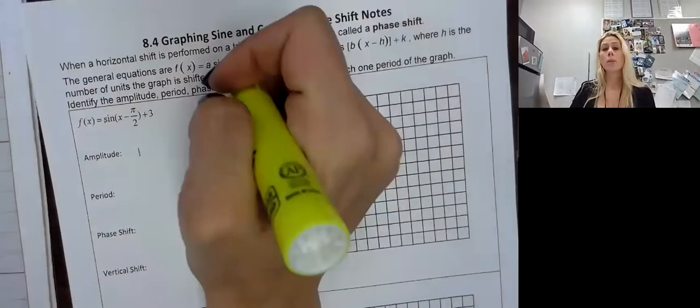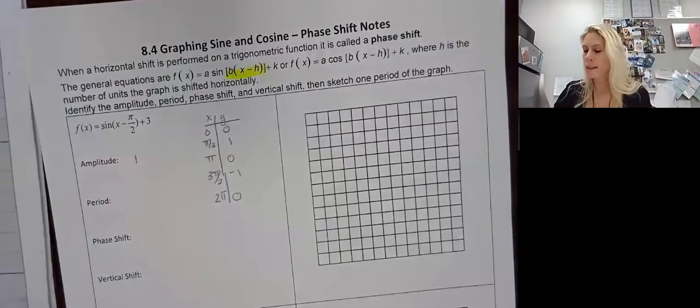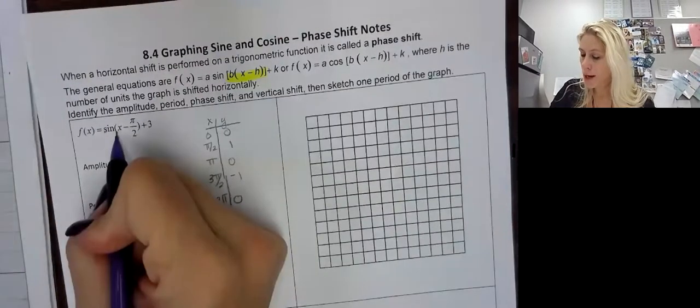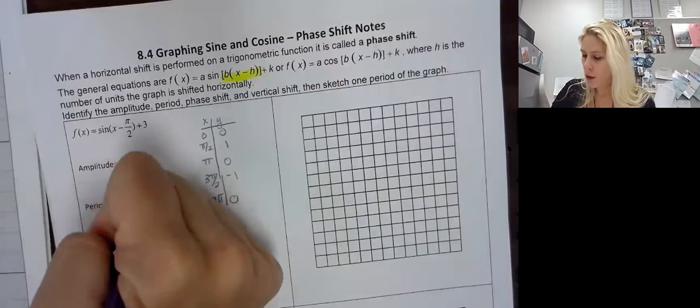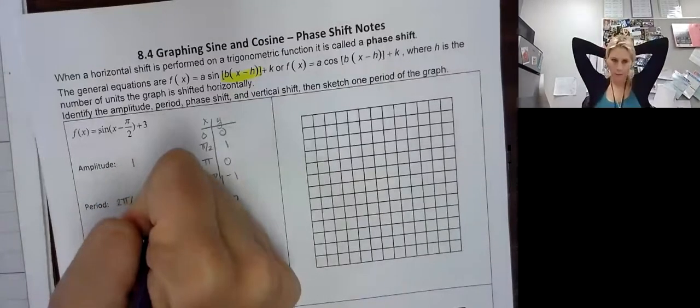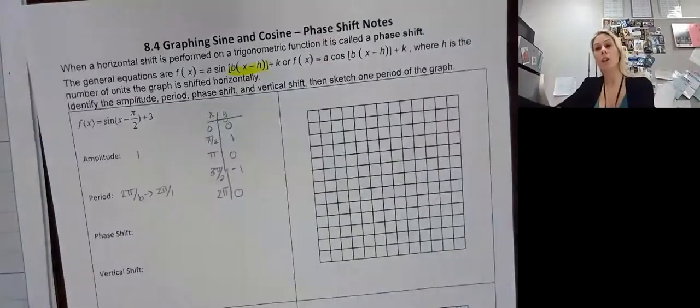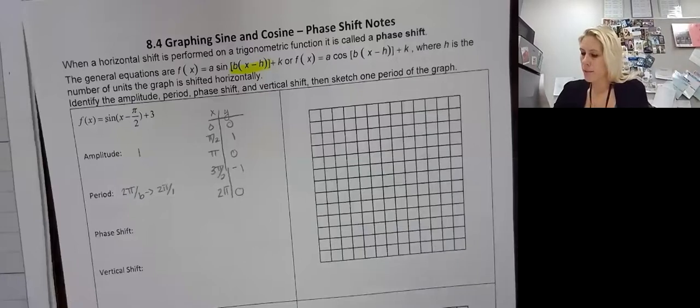This will come into play a little bit later, but we don't have to worry about that because the number in front of x is 1. So that means the period is 2 pi over B, which in this case is 2 pi over 1. Now I'm going to fill out the vertical shift or the midline first because we've been used to that. And that is our K value.